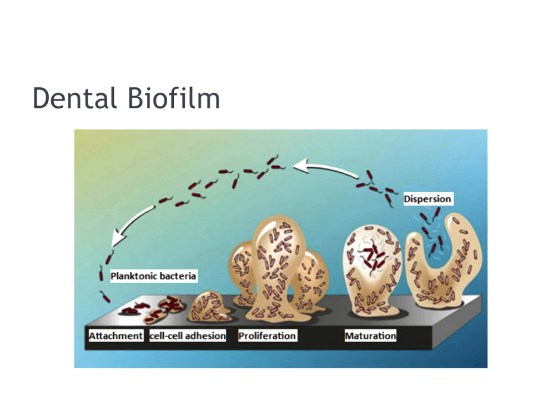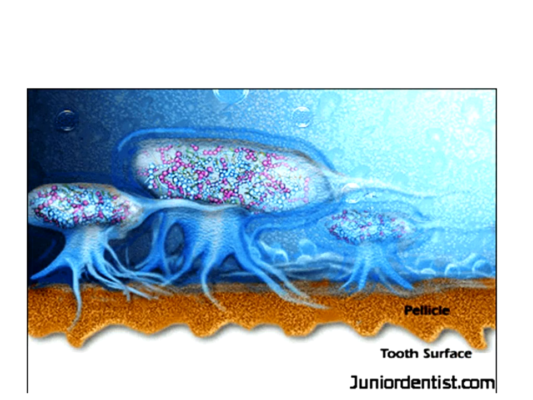You can see where the attachment on the left side starts, and then it goes to cell adhesion, cell proliferation, to maturation, and then chunks break off, and the planktonic bacteria then start the attachment all over again. But this is a very sophisticated environment.